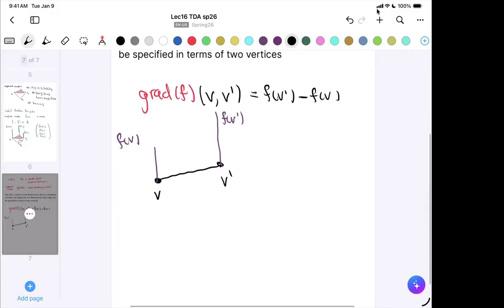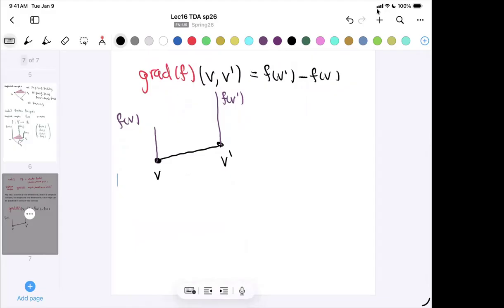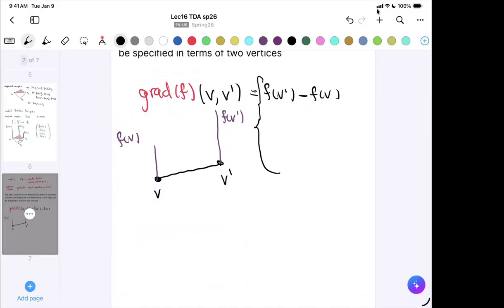So for example, what I'm trying to say, maybe this is not the complete formula. This is a correct one, provided that, let me put it like this. This is the formula if there is an edge that connects the two vertices, that's how you should think about this.